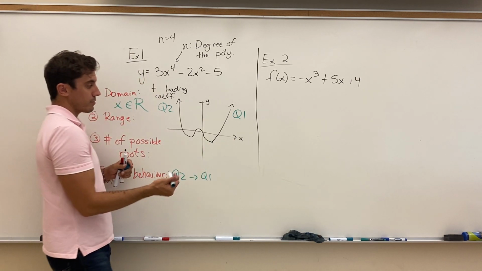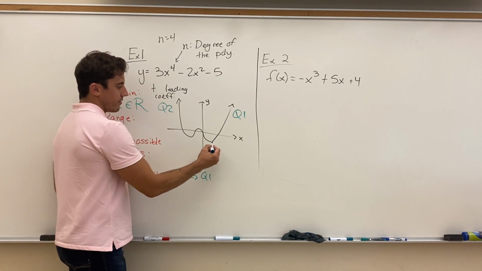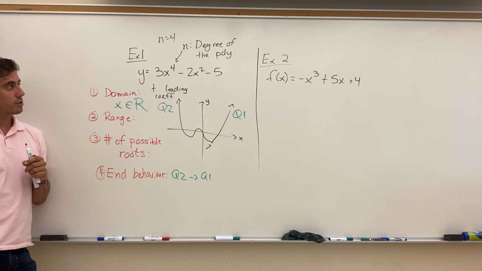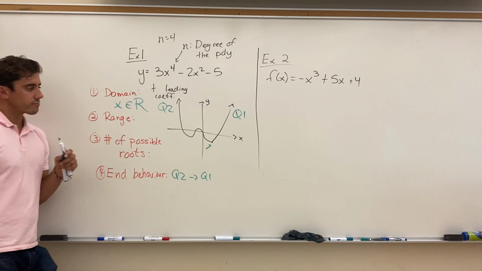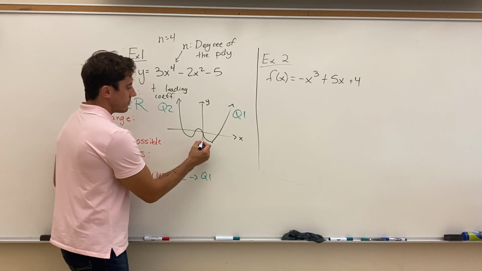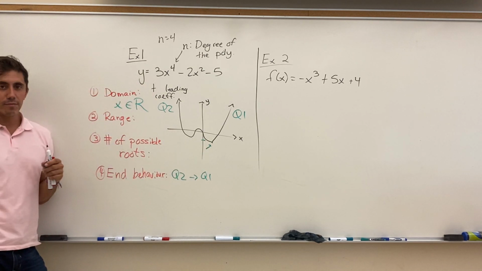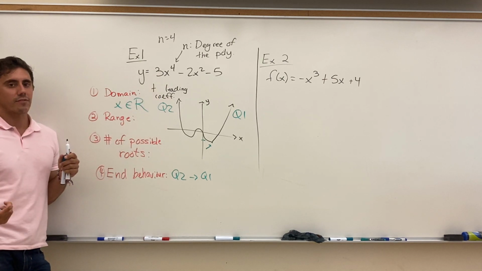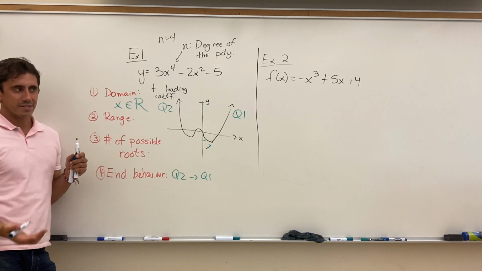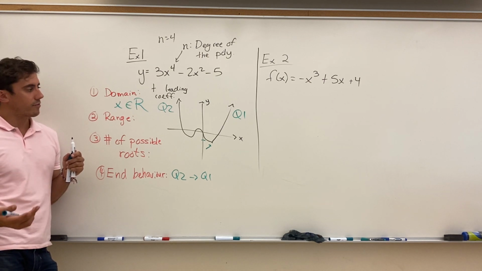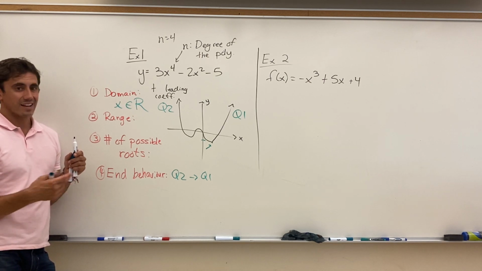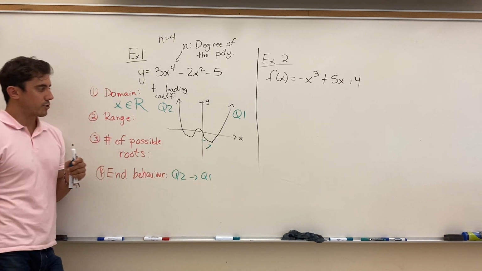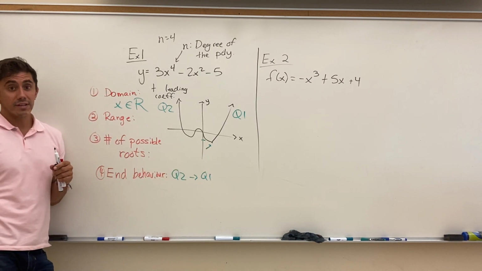So let's say, for argument's sake, that it is here for our rough sketch of a degree 4 quartic polynomial. Let's say that's our minimum. Again, oftentimes that's very hard to calculate. We'd have to use some graphing software, whether it be a website online like Desmos, Wolfram, or some graphing calculators, that can do that really, really easily, and they can conveniently give you the coordinates of that minimum point.